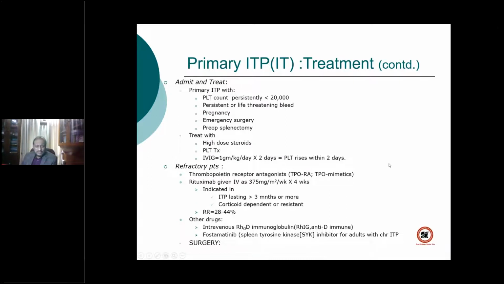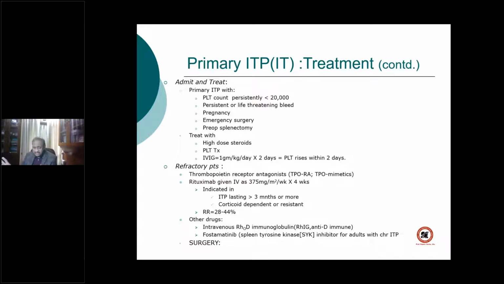This is the fourth group of patients. Refractory basically means this patient is not showing any more sign of response to steroid therapy. Initially, the patient was responsive to steroid therapy. He's no longer responsive to steroid therapy. So what do you use in these patients? Thrombopoietin receptor antagonist, number one, rituximab, and this is basically a monoclonal antibody indicated when you have an ITP lasting for more than 3 months, or the patient has become corticosteroid dependent or resistant.